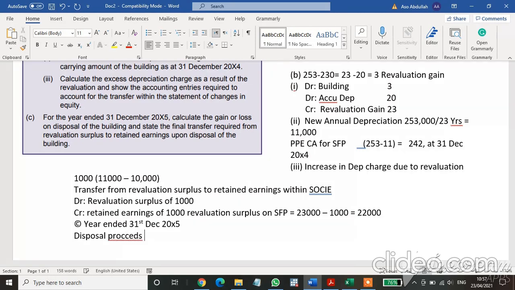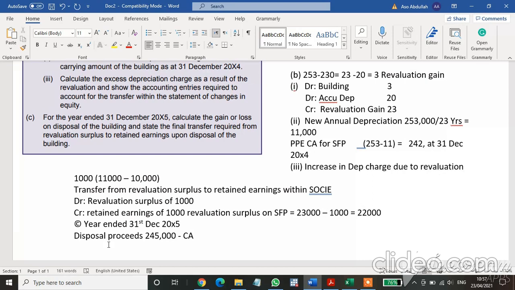So we can say disposal proceeds. Proceeds from where? From the 245,000 that we revalued, because that's what we sold it for, 245,000 on 1st of January 2005. Then minus the carrying amount.